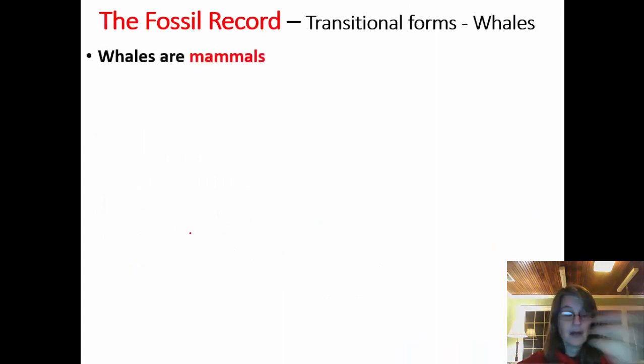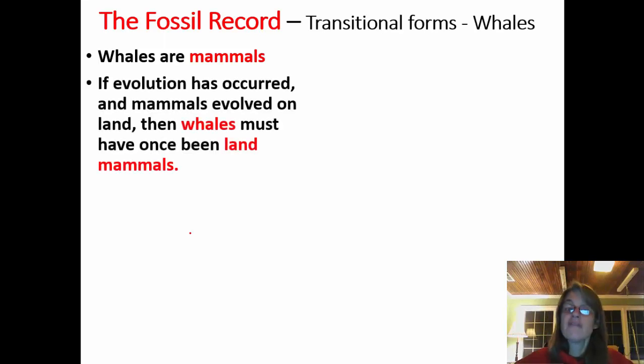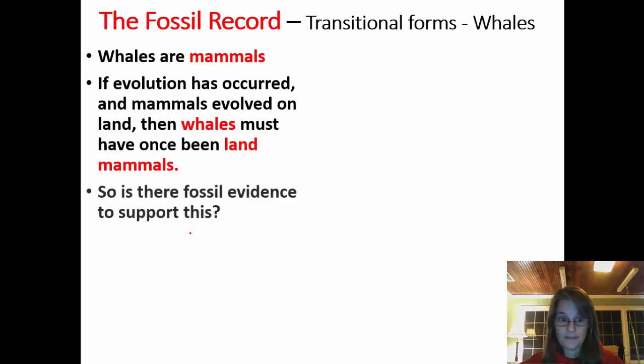They make milk. They do the things that mammals do. If evolution occurred and mammals evolved on land, which is what the fossil record and all the other evidence tells us, then if whales are mammals, they must once have been land mammals and then secondarily evolved back to water.